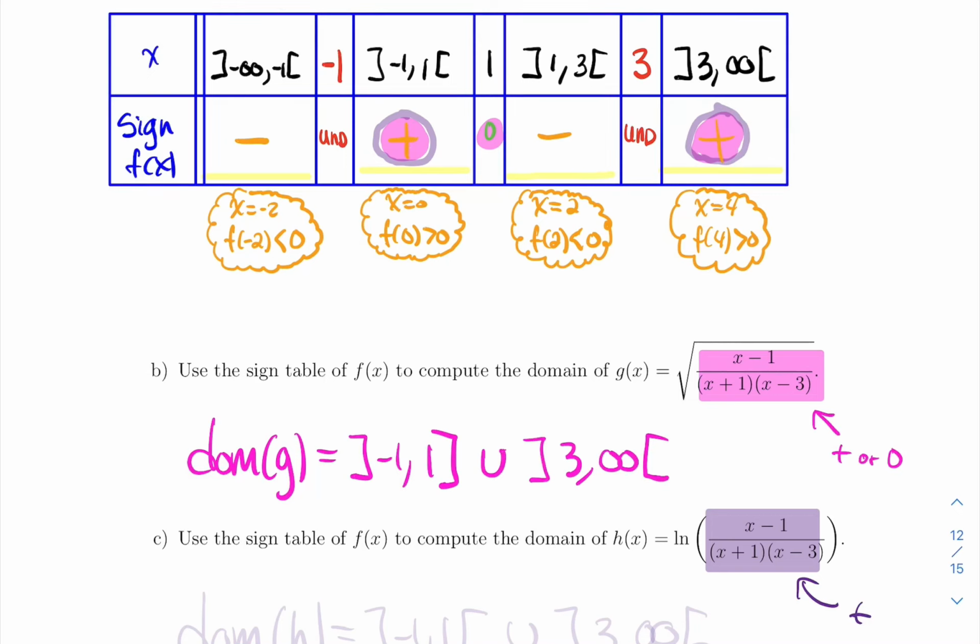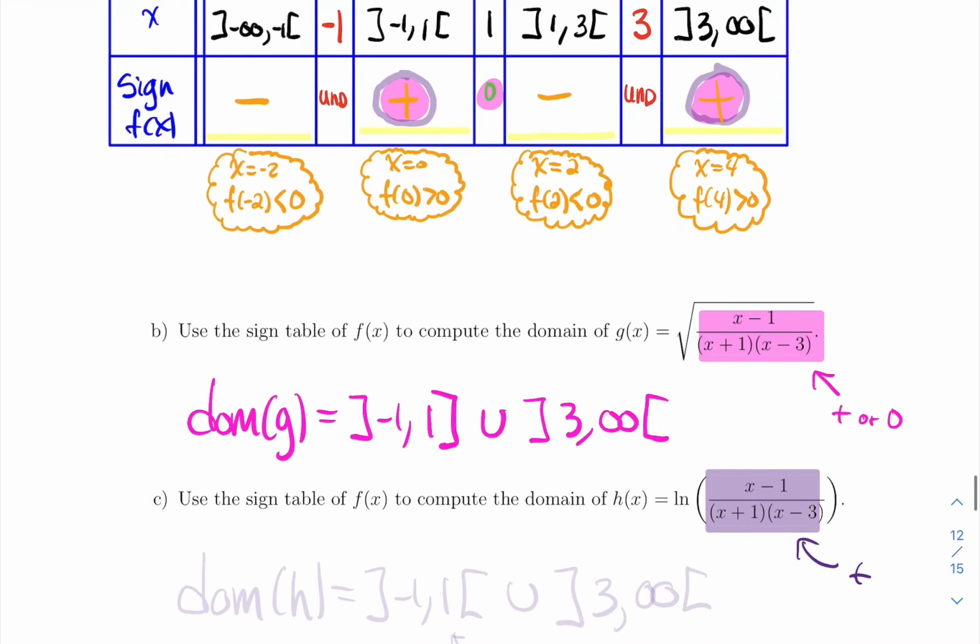I'm going to have only two intervals for the domain of h: from minus 1 to 1, union 3 to infinity. Now 1 is excluded because at 1 we get 0, and 0 is bad. So only the pluses for the domain of ln of something, but for the square root, it's pluses or zeros.